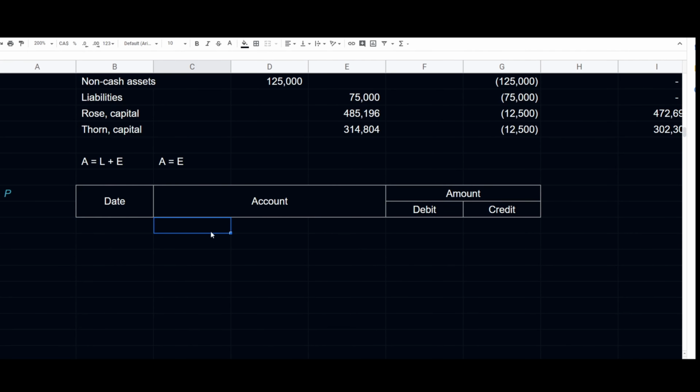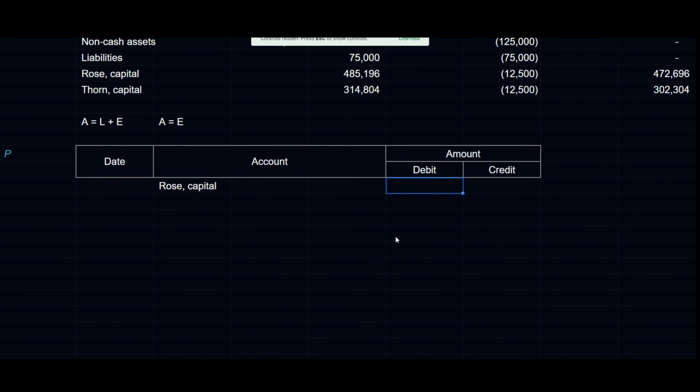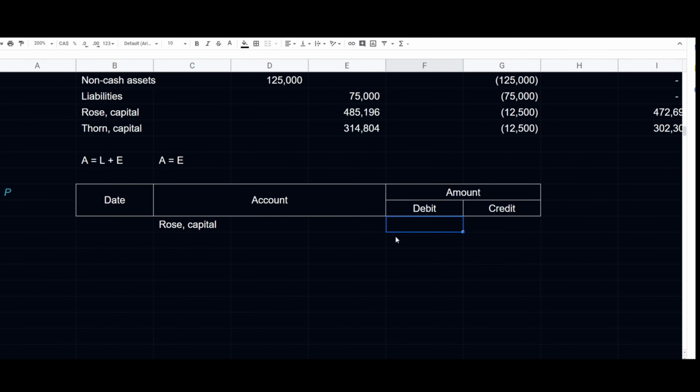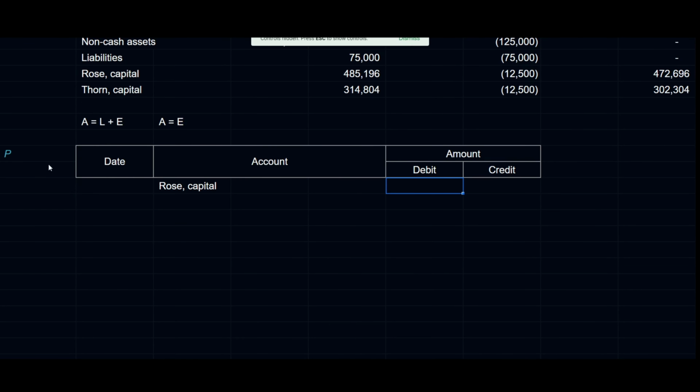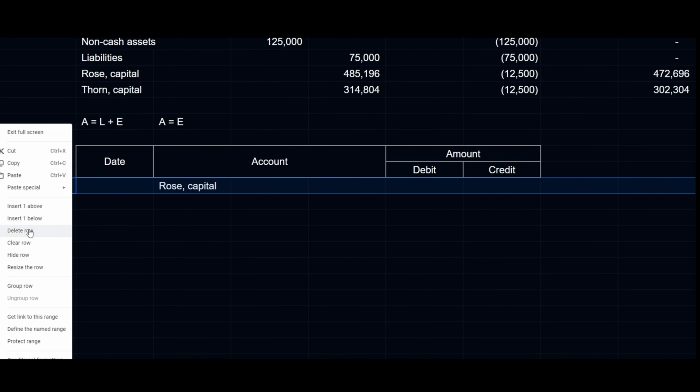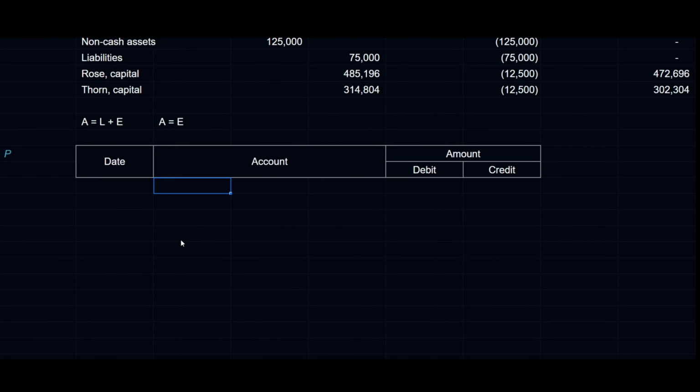Okay, so we will reduce their capital balances.